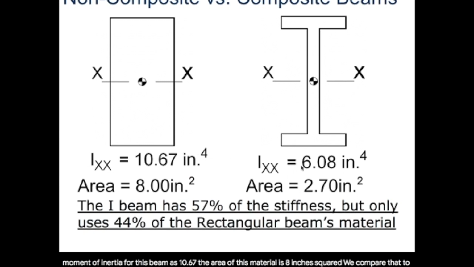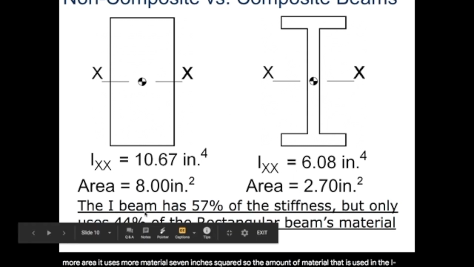If you look at these two numbers, 6.08 is obviously a smaller number than 10.67 when we're comparing the moment of inertia. So this is a more bendable material. It's not as stiff as the beam, but the beam uses more area. It uses more material, 8 inches squared compared to 2.7 inches squared. So the amount of material that is used in the I-beam is much less.